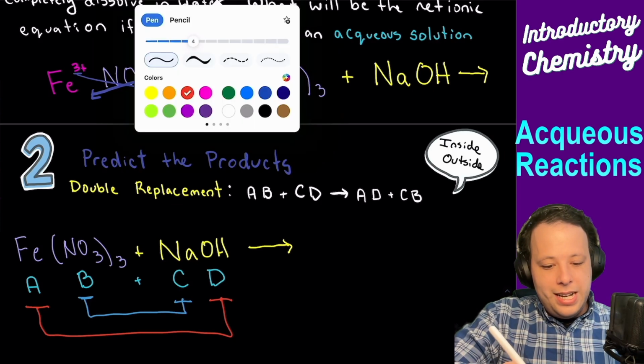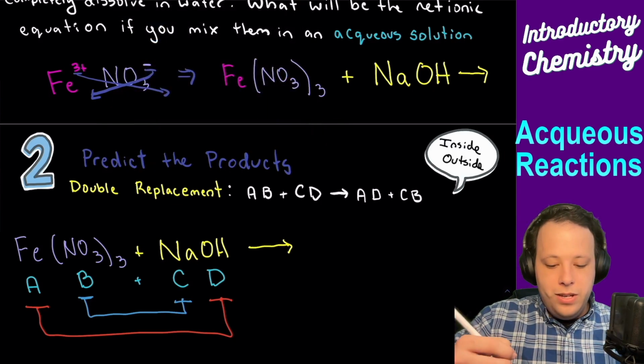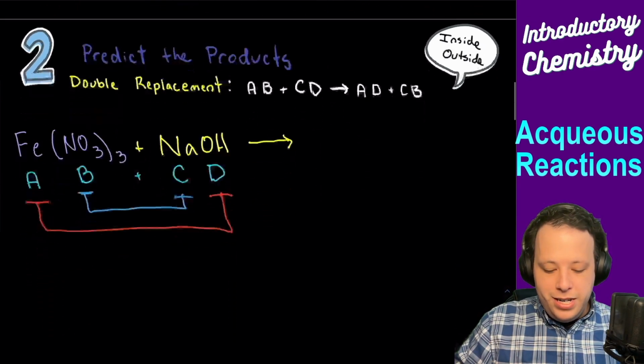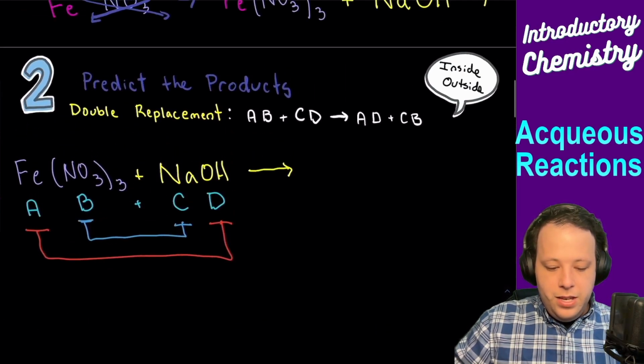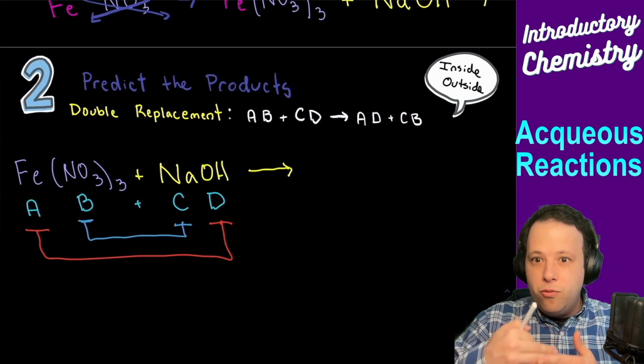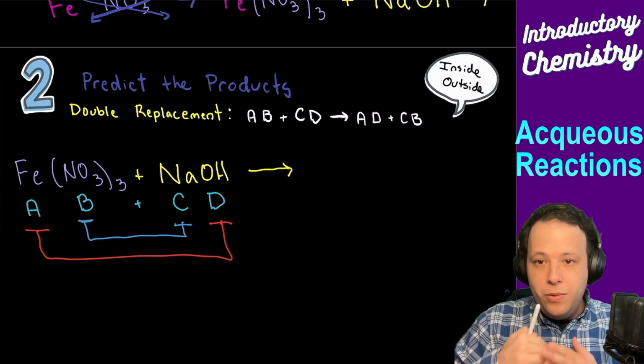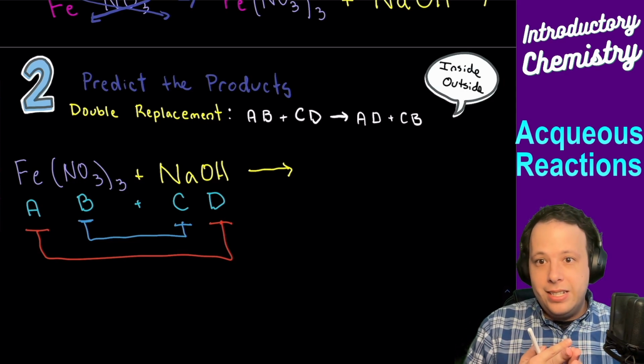So what exactly would we get? Being that we have to predict the products in this type of reaction, we have to make sure we are writing down what ions we are creating. We're only looking at the ions.